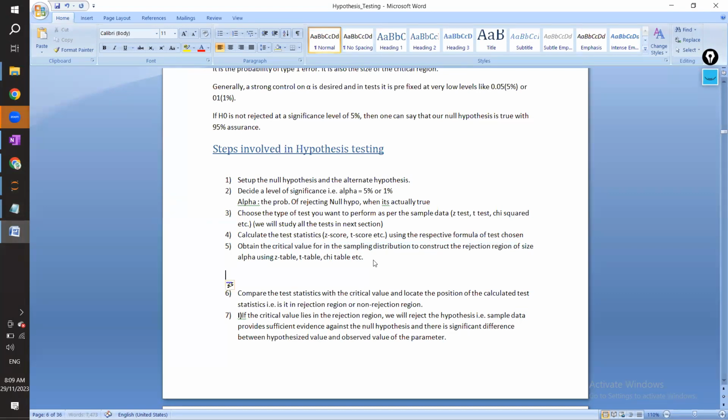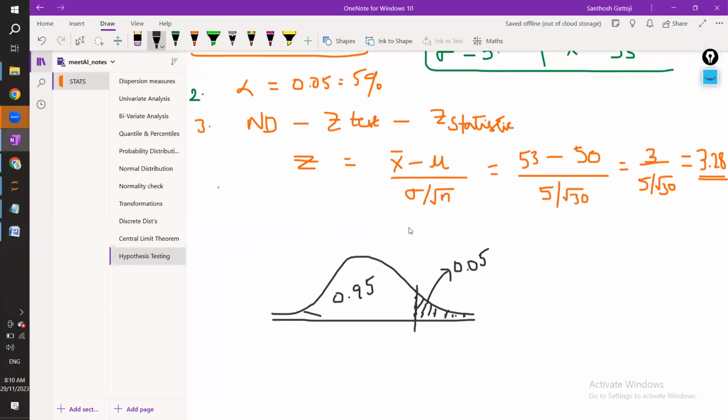Whether you say significance level, that is the same as alpha, that is the same as critical region. This is very, very important, guys. So I'll highlight that significance level, alpha, or critical region, whatever we say, all point to the same thing. When I say alpha equals 0.05, that 0.05 area is the critical region or the rejection region.